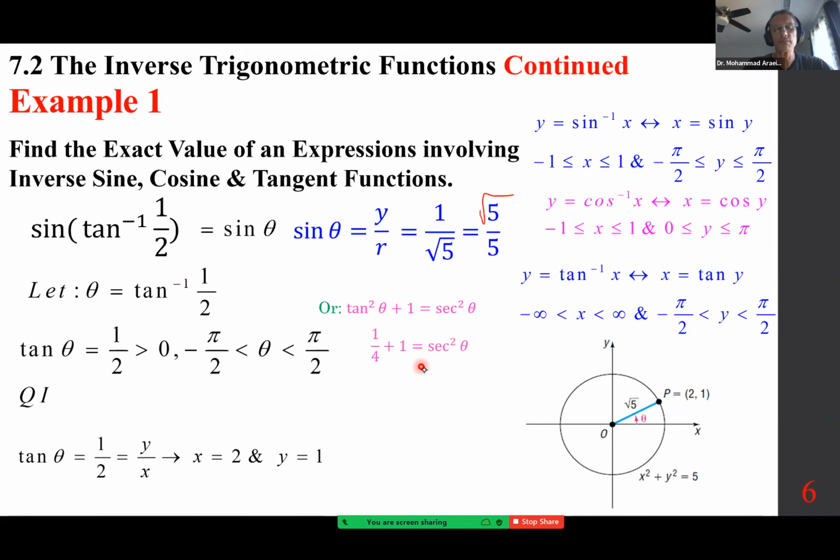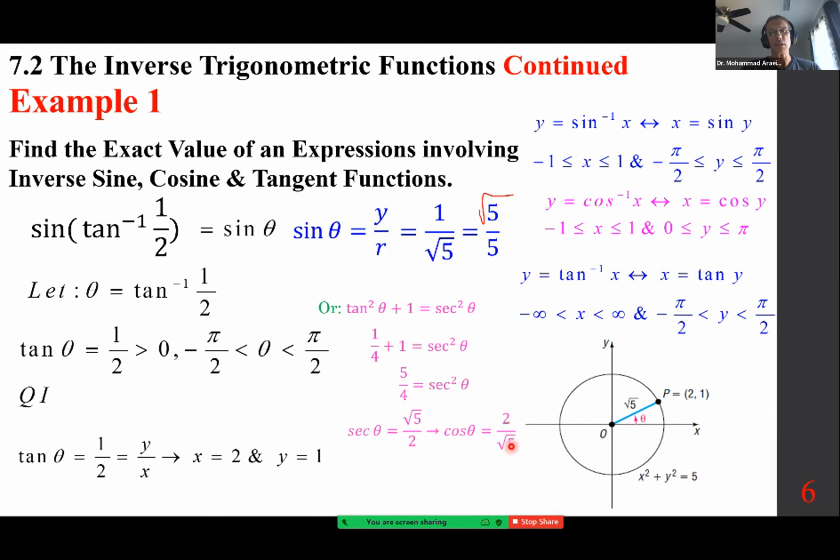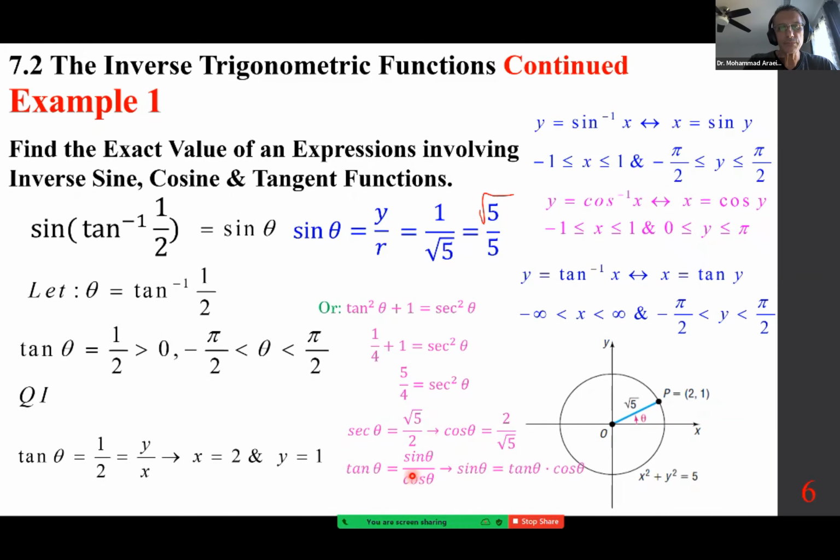You get 1/4, so secant squared is 5 over 4. Secant is the square root of that, which is square root of 5 over 2. Cosine becomes the reciprocal of that. And we know sine squared plus cosine squared is 1, or you may use the fact that tangent is sine over cosine. So sine is the product of these two.